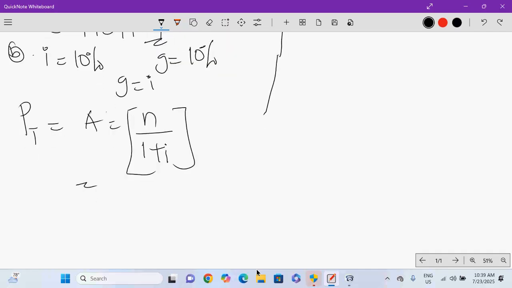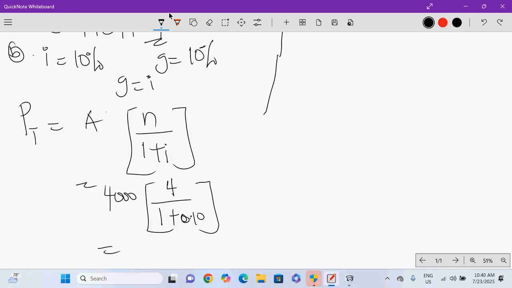So then what is our A? A is equal to 4,000, and that is multiplying N. N is the number of periods, which is 4, all over 1 plus the interest rate, which is 0.10.